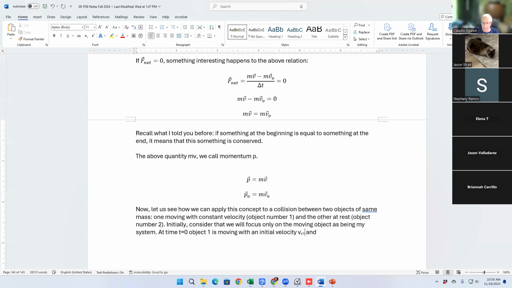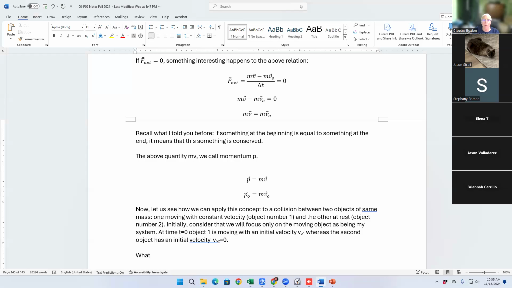Whereas the second object has an initial velocity V02, okay? 2 for the object, equal to 0. It's at rest.